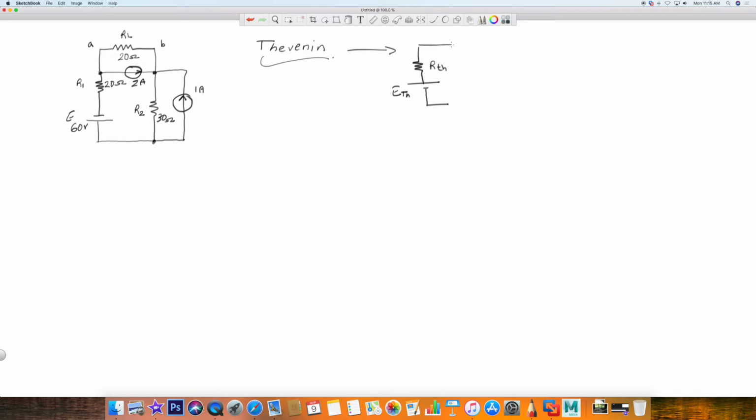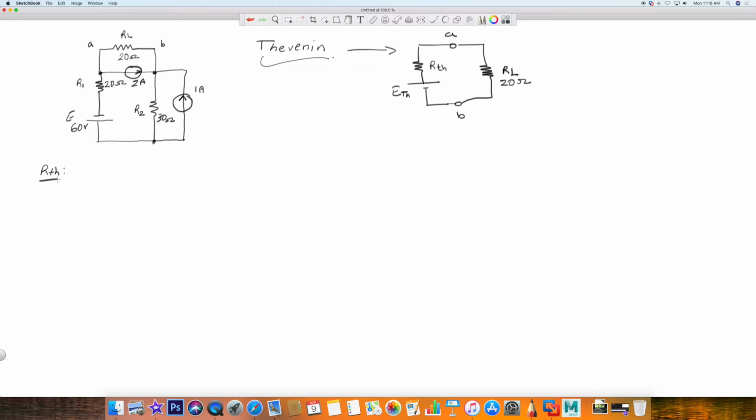So it will supply power over to the load. So the RTH and ETH are your equivalent circuit between A and B vis-a-vis the load. So as far as the load is concerned, what it will see is an equivalent voltage supply and an equivalent resistance. So we need to find these items.